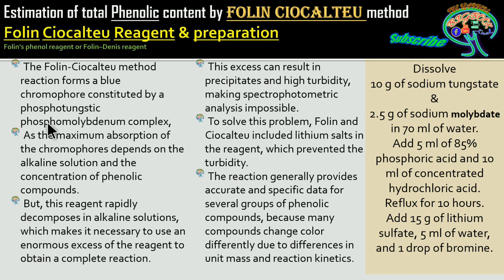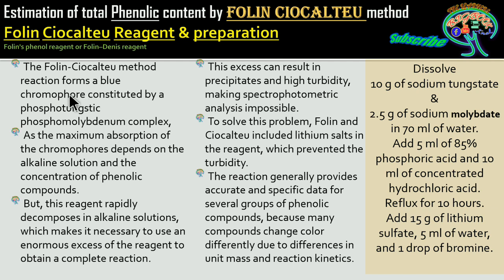Now we have discussed that the Folin-Ciocalteu reagent contains phosphotungstic and phosphomolybdenum compounds. The same reagent has also been prepared with a different formula, using sodium tungstate and sodium molybdate. These are the two different compositions used in the preparation of the Folin-Ciocalteu reagent.